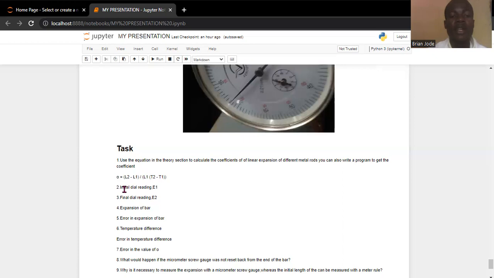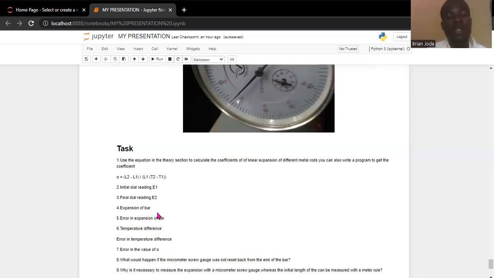The initial dial reading should also be indicated. The final dial setting as E2 should also be shown. We are also going to get the expansion of the bar. If we have the initial dial reading as E1 and the final dial reading as E2, the expansion is just the final dial reading E2 minus the initial dial reading E1.